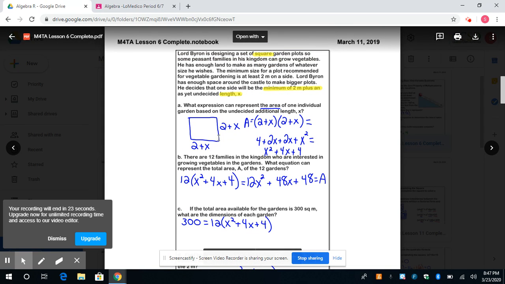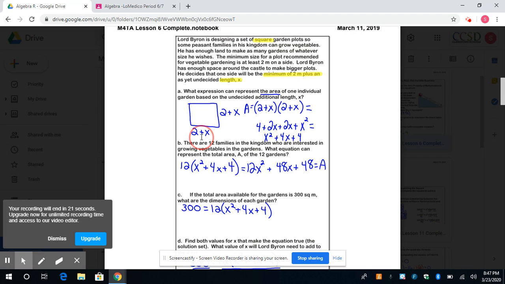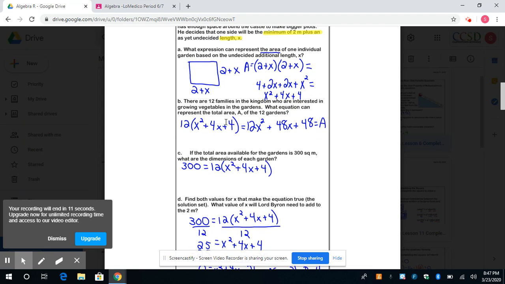So length and width are the same. How do you find area? You multiply these two together. And remember, when you distribute, we've done this in the beginning before we left to come home. Okay, there are 12 families in the kingdom who are interested. So if you have the value of one garden, you can multiply by 12 to get the whole.